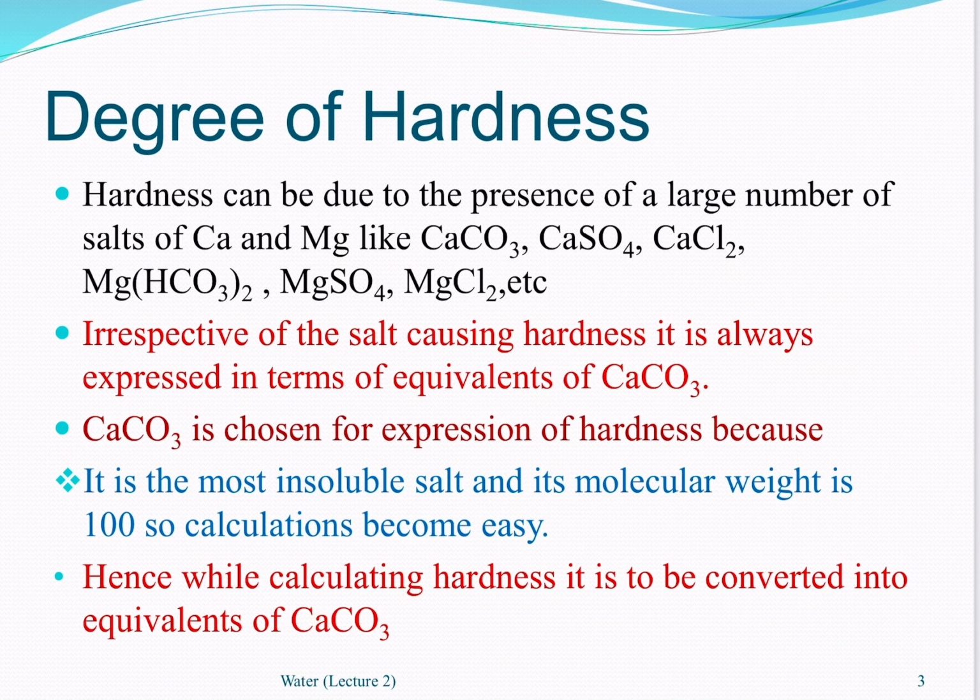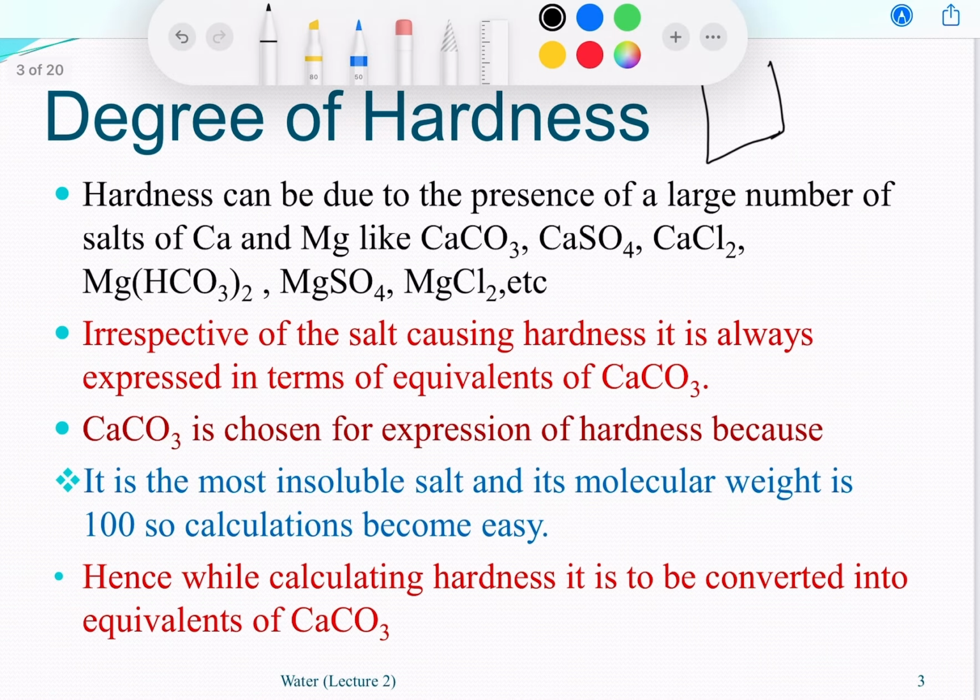Now the question is, why are we converting it into equivalents of CaCO3? The basic reason for this is that suppose you have 3 water samples.